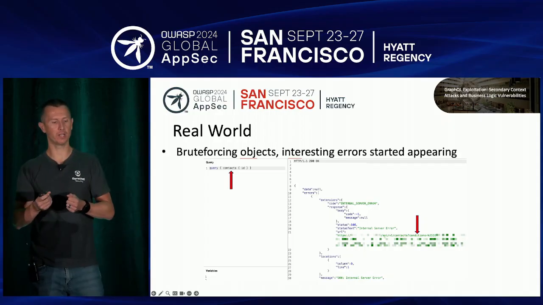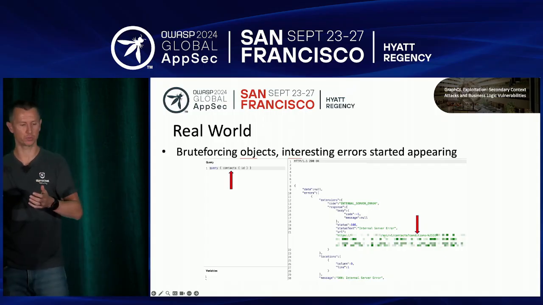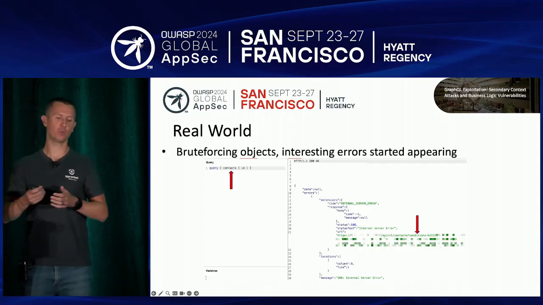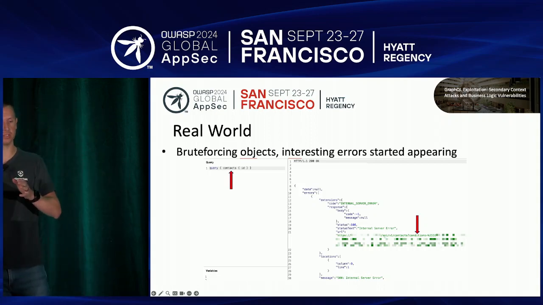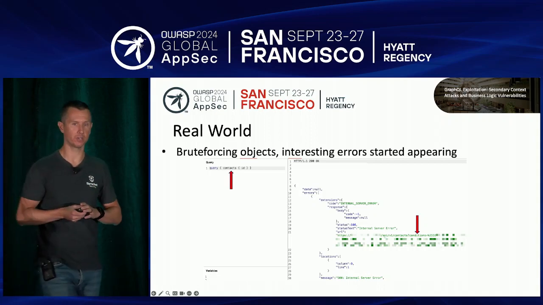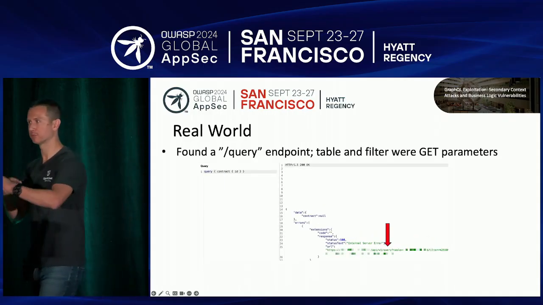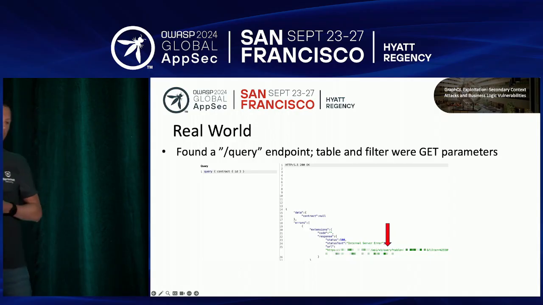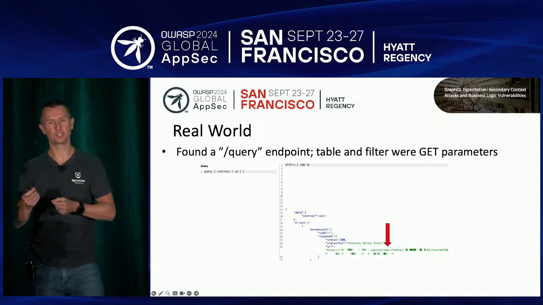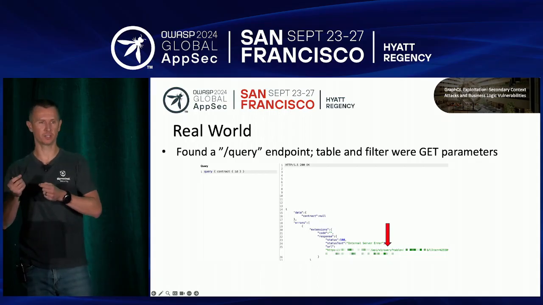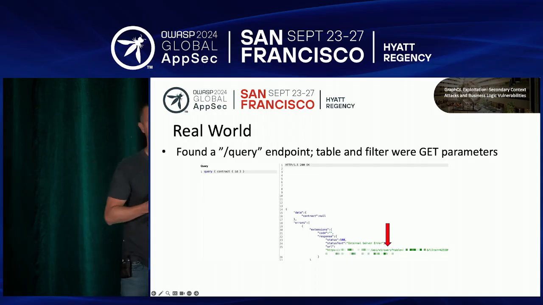In this case, if I search on context, it has an error case where it would say API v1 context, and it would tell you all of the GET parameters, all of the information, but just that there was an internal server error there. Eventually, I kept brute forcing objects, and one turns up that goes to API v1 query, and it's clearly within the parameters. It allows you to specify a table and the SQL query that you want.